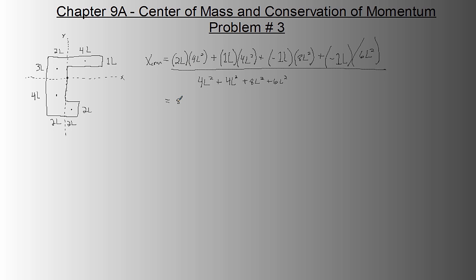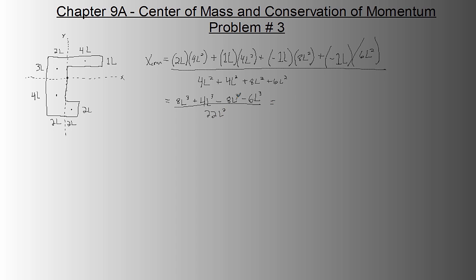8L cubed plus 4L cubed, oops, minus 8L cubed minus 6L cubed, all over, oops, 4, 8, 16, 22 L squared.